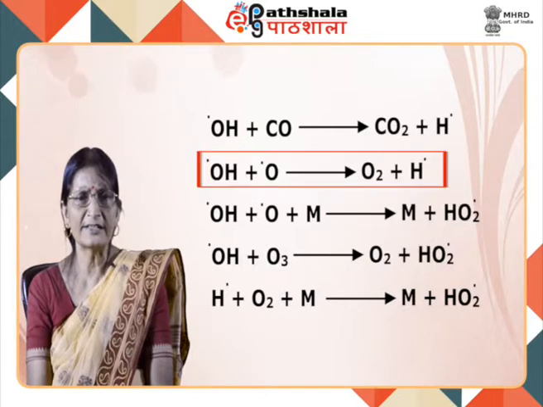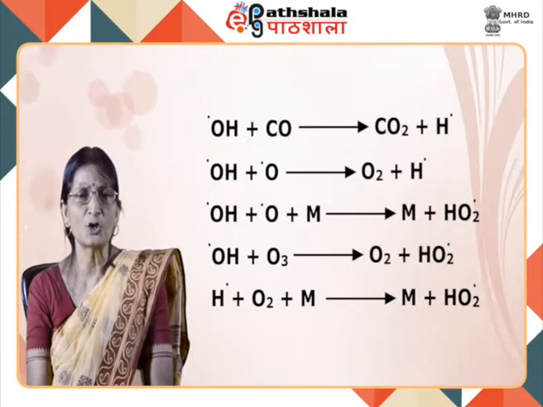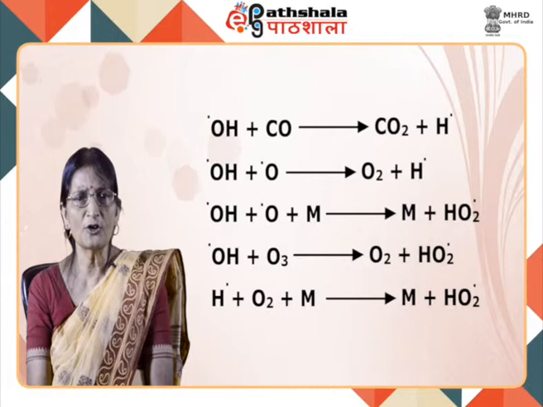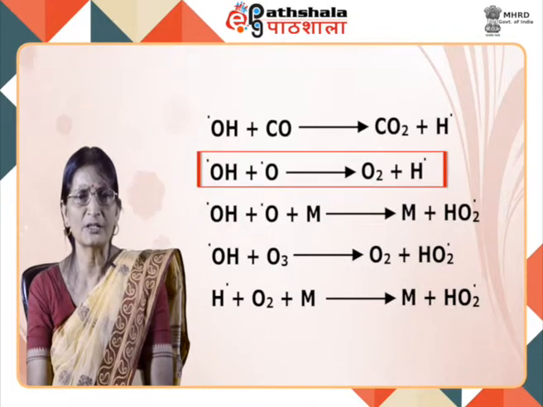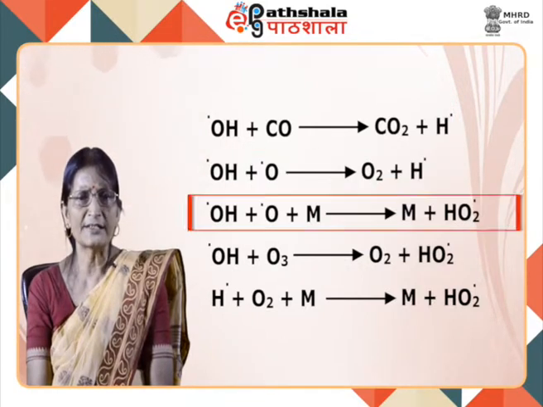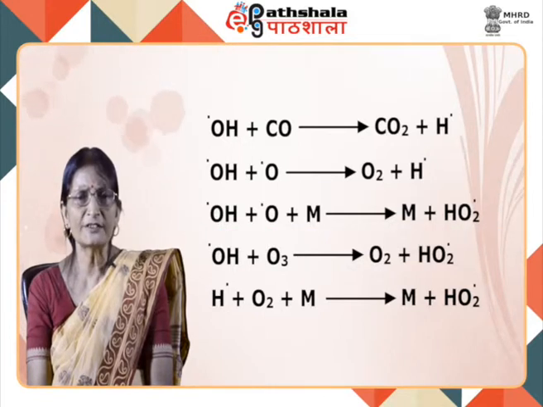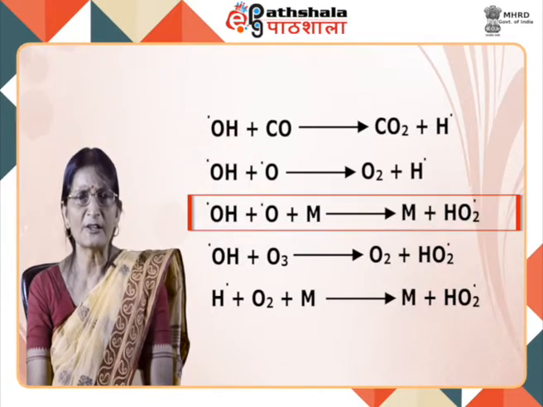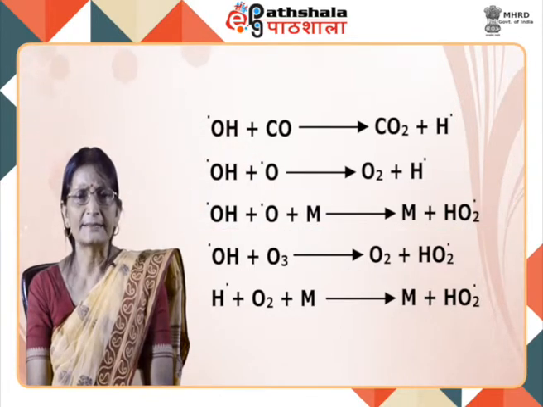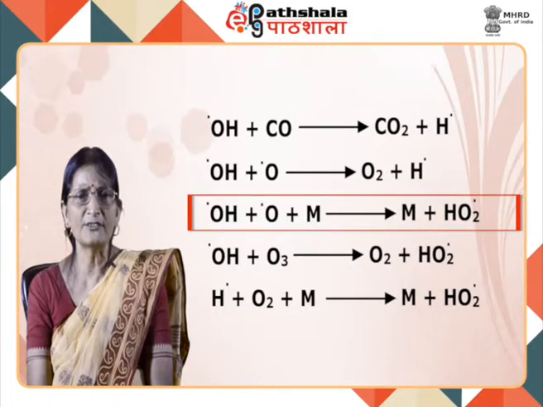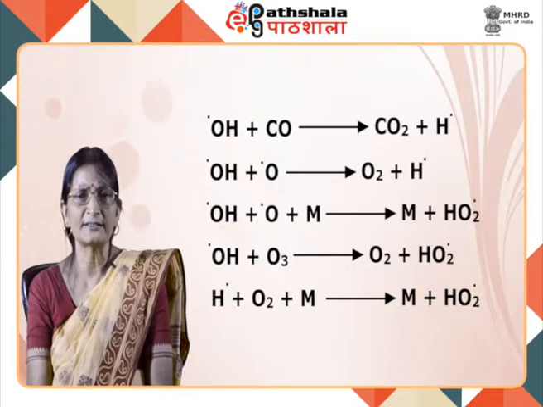The hydroxyl radical can also combine with atomic oxygen to give molecular oxygen and another hydrogen atom. The hydroxyl radical may also combine with atomic oxygen in the presence of a third body, which is denoted as M sometimes. This could be a nitrogen molecule, and this imparts translational energy to the molecule and will give a hydroperoxy radical.